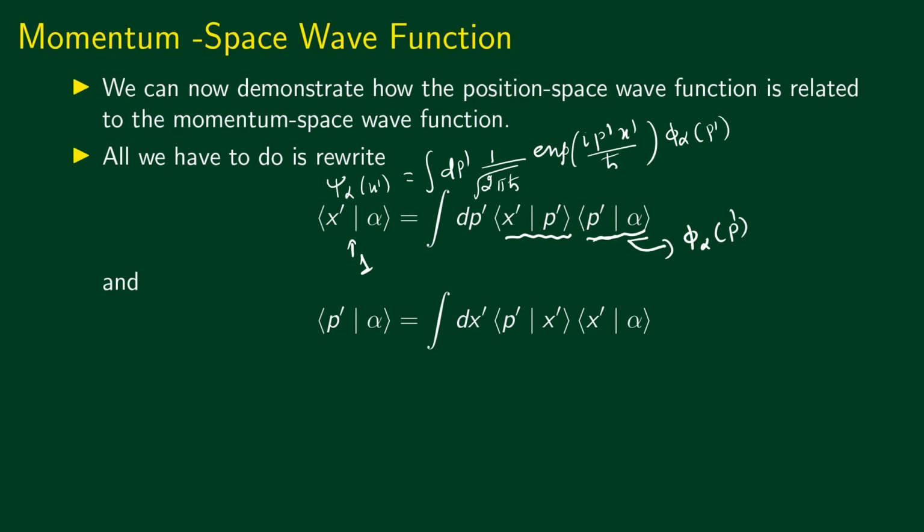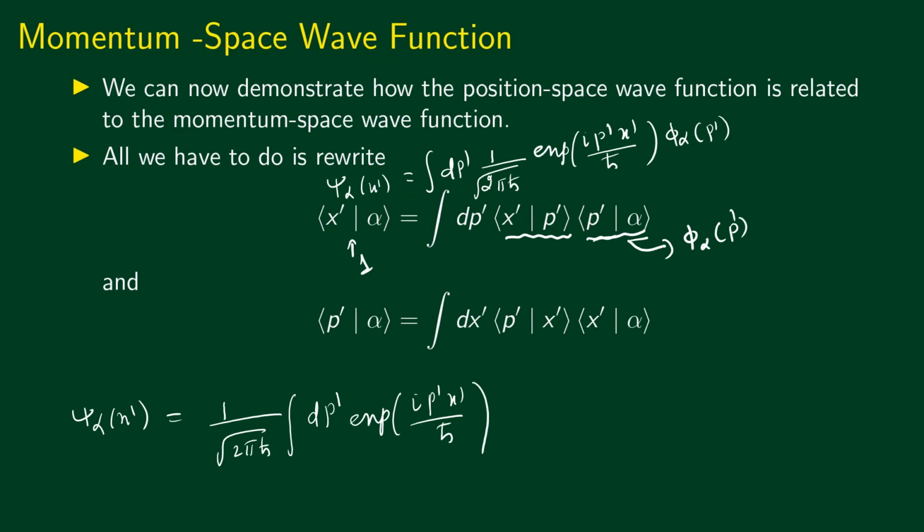Now we can rearrange this. We see that psi alpha of x prime is equal to 1 by square root of 2 pi h bar integral dp prime exponential i p prime x prime divided by h bar, and here we have phi alpha of p prime.